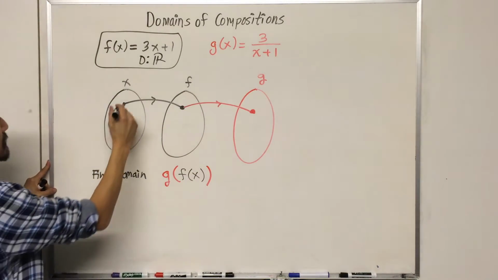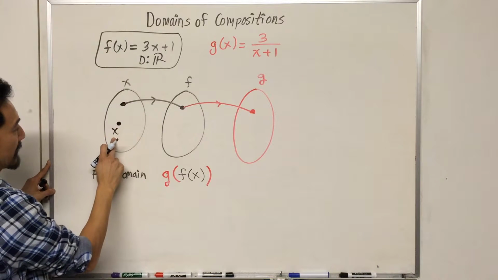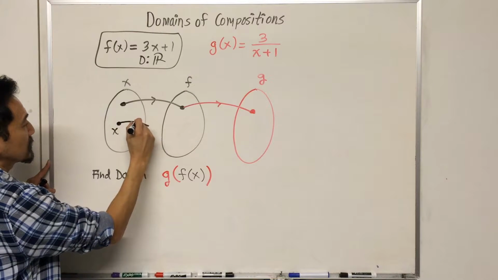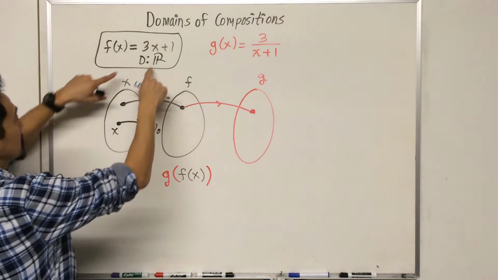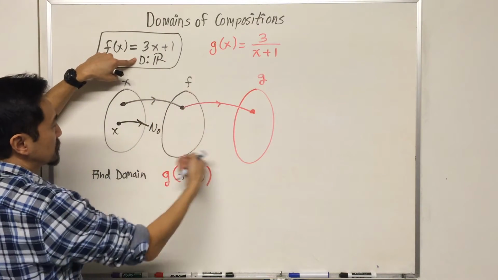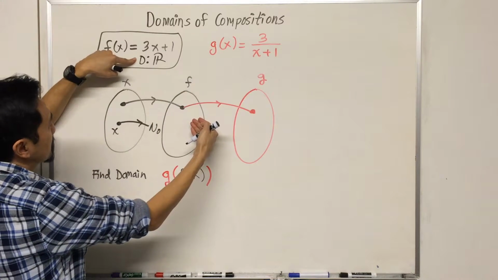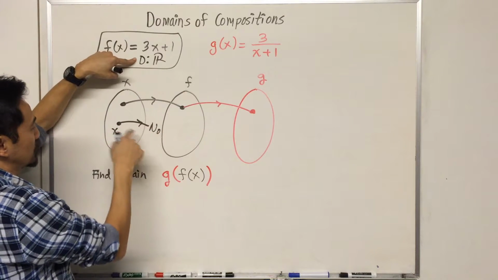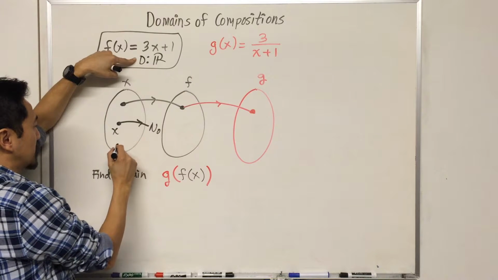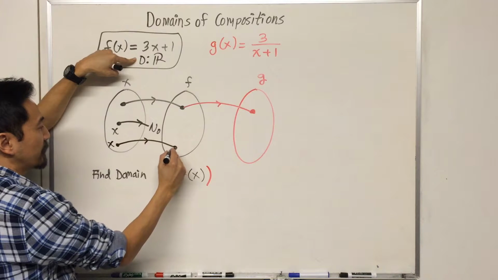All right, so are there any x's in black that won't even get you into f? No, correct? Because f has its doors open to every real number, okay? So that means that there won't be any of these kinds of situations here. So the only thing that we need to worry about now is the second, where the x does produce a real f value.